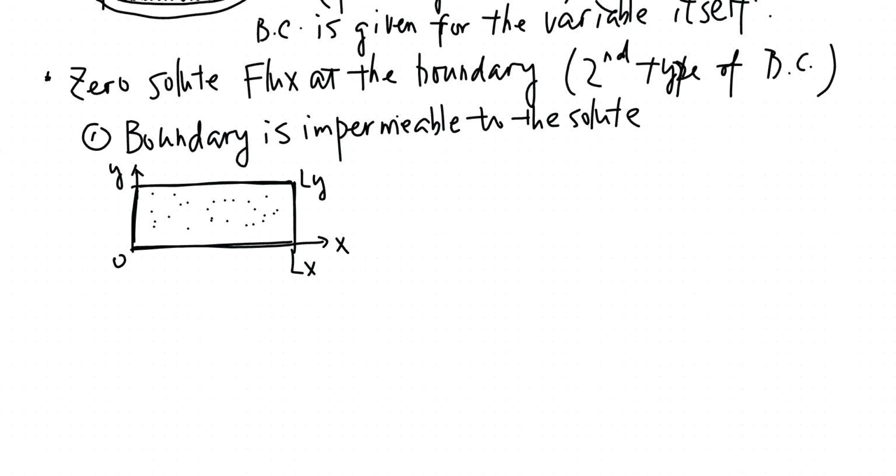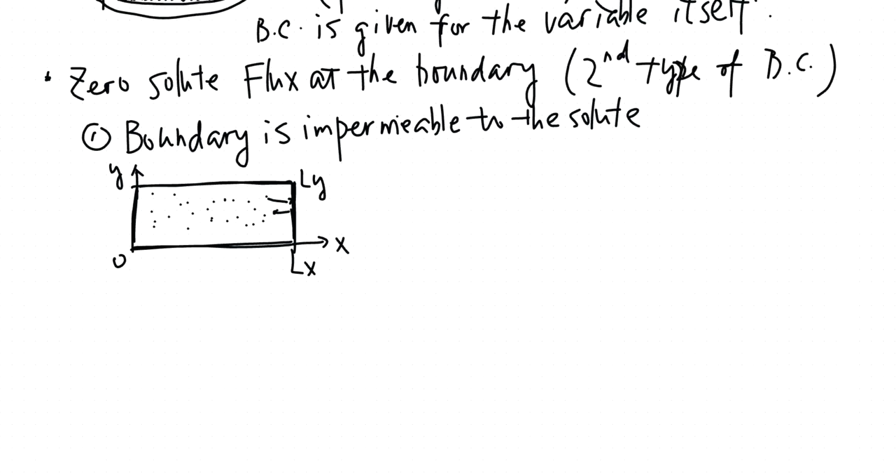On any of y equal to 0, y equal to Ly, x equal to 0, and x equal to Lx, on these four boundaries, the particle cannot penetrate through the boundary. That means when the particle hits the boundary, it cannot go through, it can only bounce back. And that means whatever goes through the boundary would be 0. So the flux across the boundary would be 0 flux.